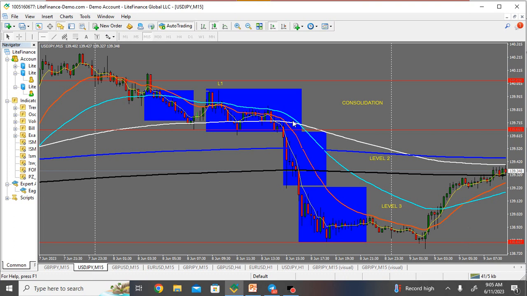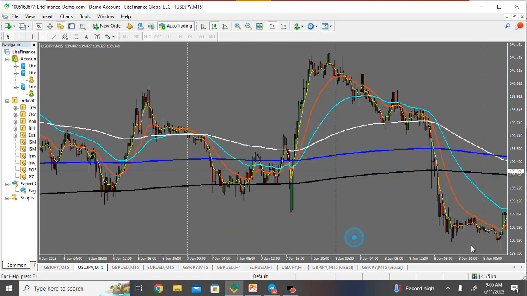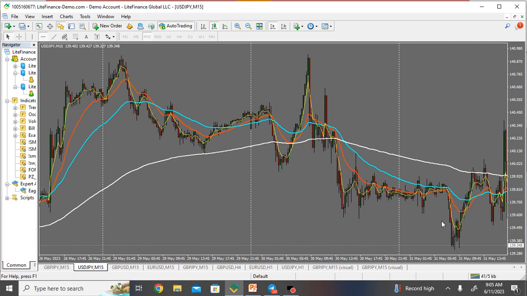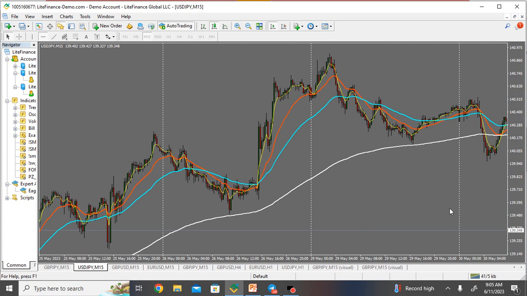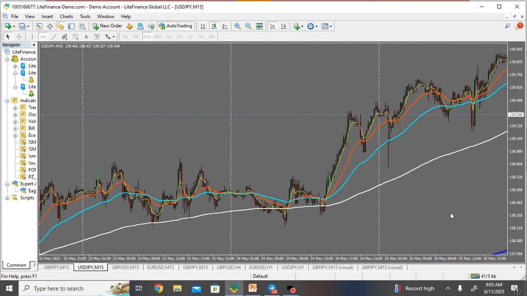Make sure you know how to count these levels. This was 3 levels. Per each time frame there are 3 levels.